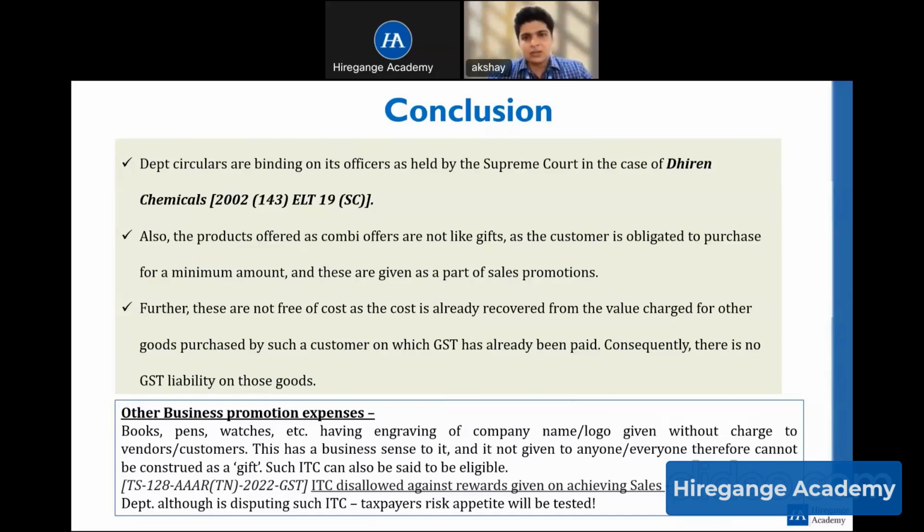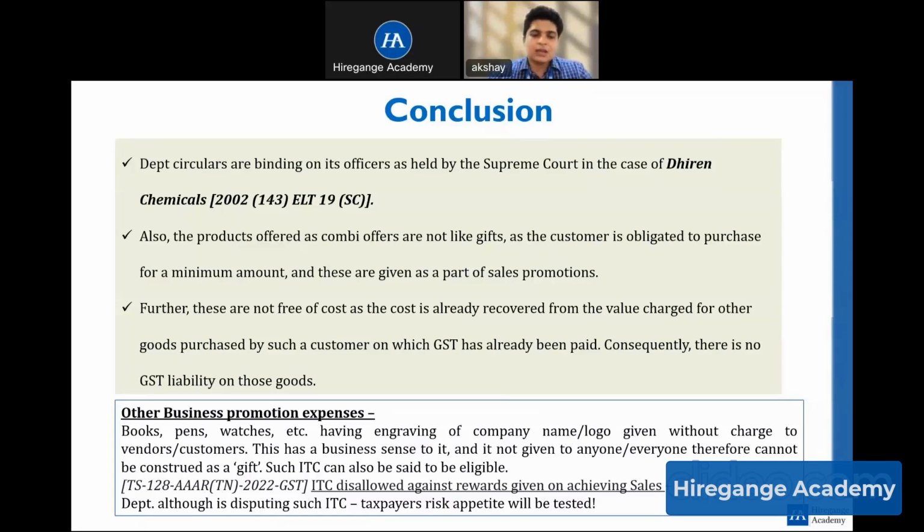So in this effect, it is very simple to prove that this has a business link, and once nexus to business is established and there is no specific restriction under the ITC reversals, the ITC should be eligible. Although advance rulings are not applicable to all, they are applicable only to the person who applied for the advance ruling and the jurisdictional officer.